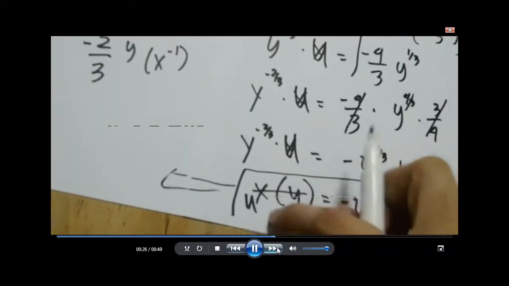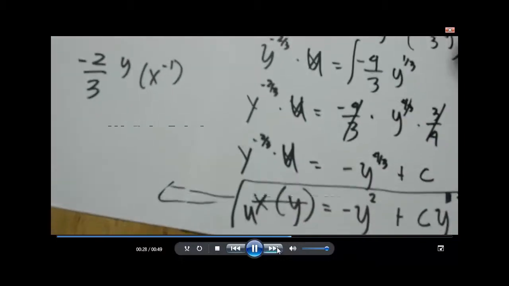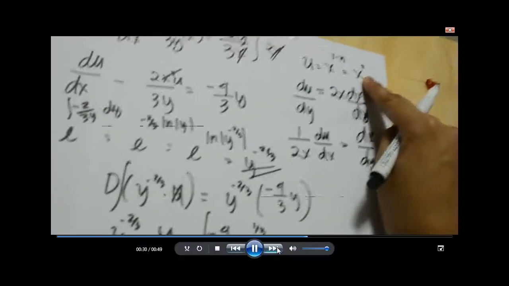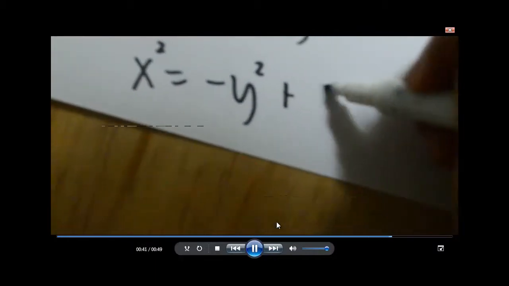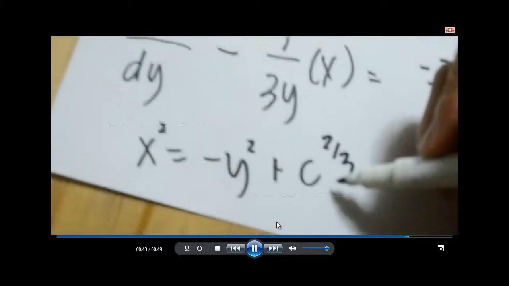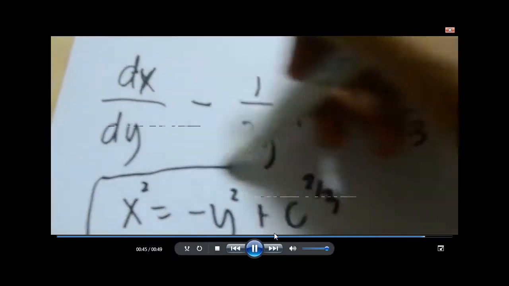So returning the x variable, you know that u is equal to x squared, right? So that will give us x squared is equal to negative y squared plus c to the 2/3. And this is the final answer.